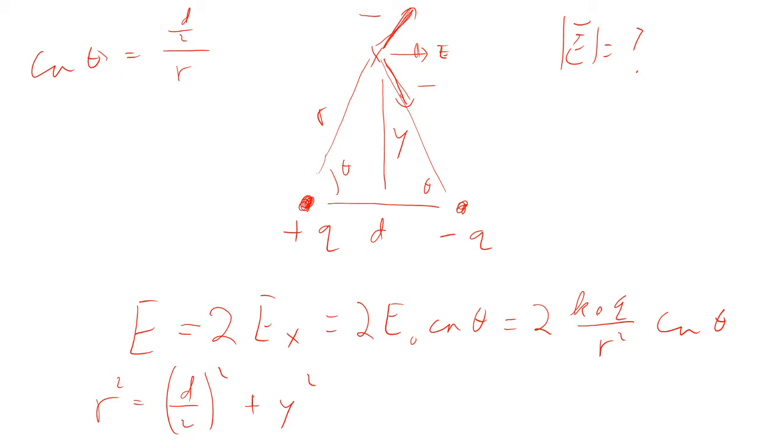That means that E is equal to 2 k_B Q times d over 2 divided by r cubed.